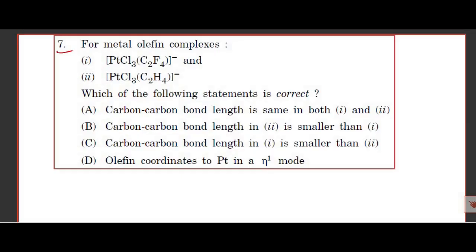Question number 7. Two metal-olefin complexes have been given. What happens to the carbon-carbon bond length? They are asking. Let us take the complexes. Here is a metal olefin.